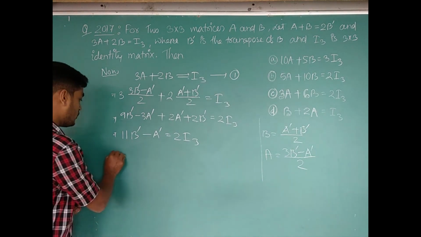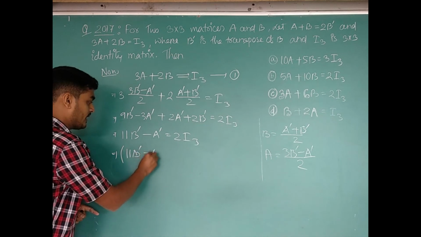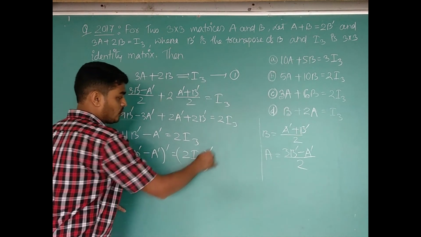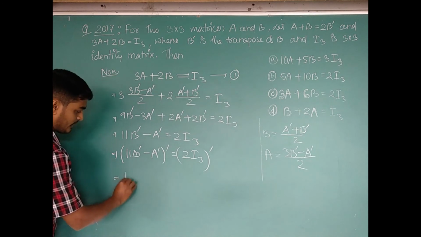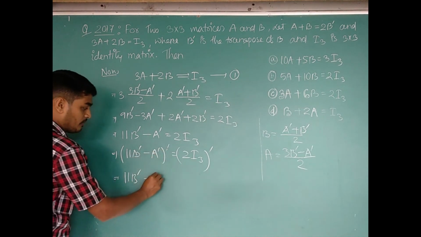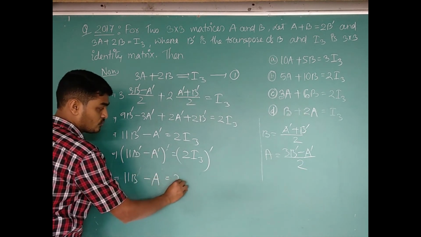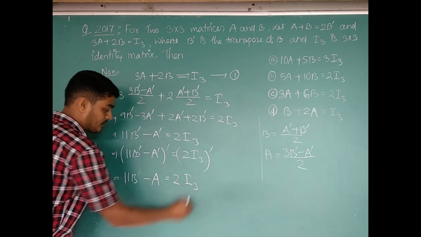So again transposing both sides, 11B transpose minus A transpose whole transpose equals twice of I3 whole transpose. We can easily simplify it. So 11B transpose whole transpose will be equal to 11B, minus A transpose whole transpose will be A, which is equal to 2I3, since 2 is a constant quantity and the transpose of the identity matrix is again the identity.